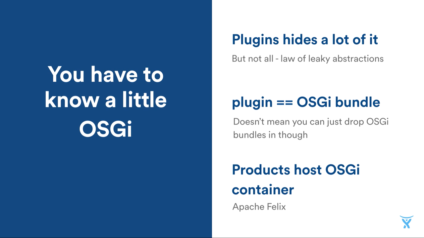So, a plugin is an OSGI bundle with a little bit of extra sauce. It doesn't mean that an OSGI bundle is a plugin. So you can't just drop in a regular OSGI bundle and expect it to behave as a plugin. You need to do a little enhancement, which I'll get to later. Now, when I say drop it in, what? So our Java applications are Tomcat web applications with a web application class loader.